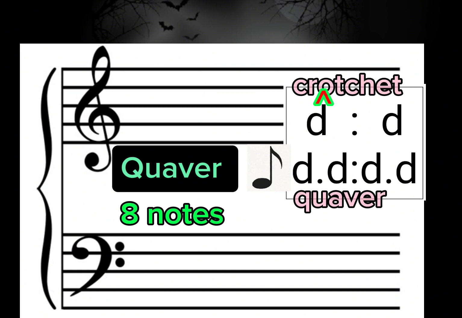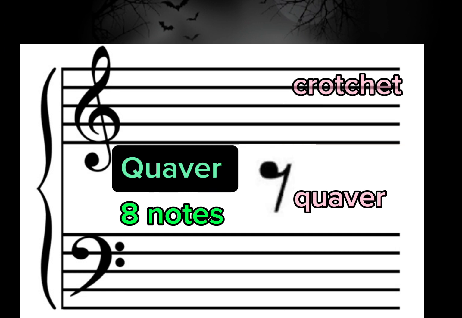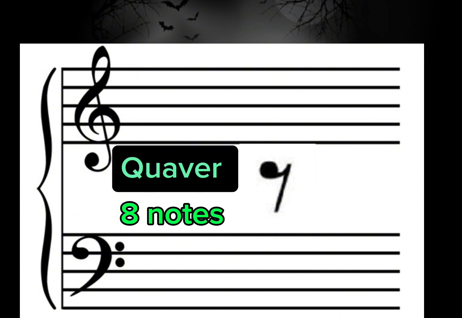Do you understand? Dividing it into 2. That is what we call the quaver. Dividing a crotchet into 2. It has one tail. Then each rest, where you do not sing, is just like a 7 with a small dot. Okay, that is the quaver.